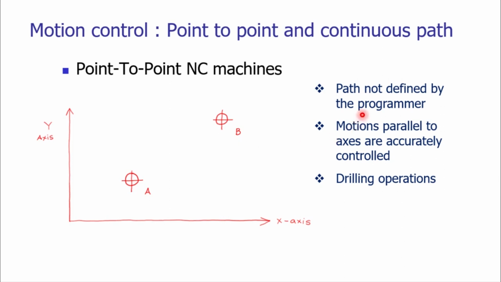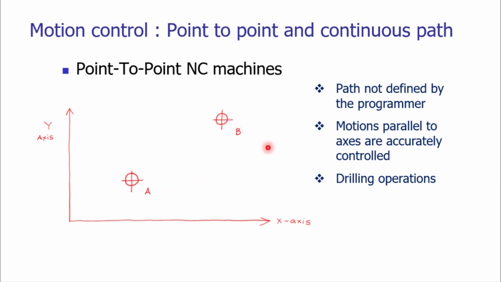The programmer in this case is not defining the path. The machine itself is taking the decision. It is generating the path from A to B.